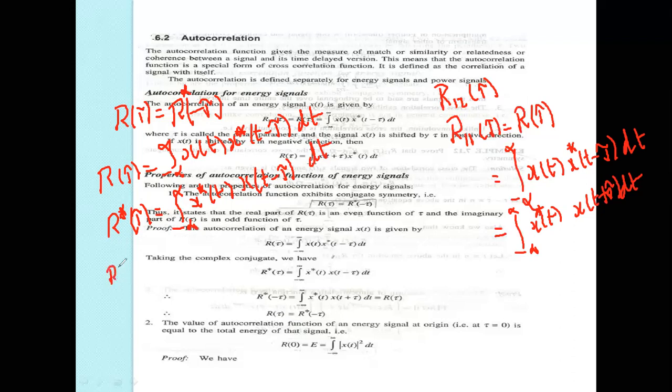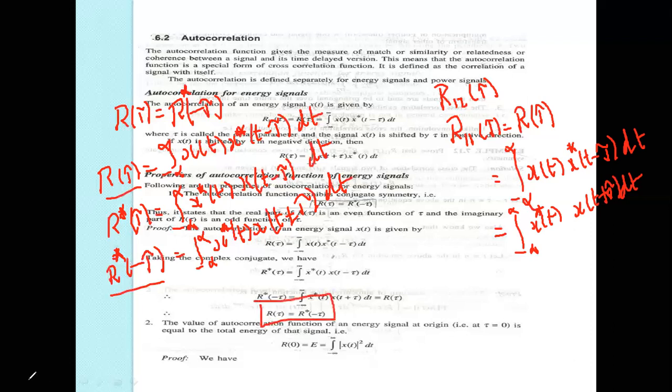Now change the value: R conjugate of minus tau is equal to the integral from minus infinity to infinity of x conjugate of t, x of t minus of minus tau, which becomes plus tau, dt. Now both are equal. R of tau is equal to R conjugate of minus tau. This is the first property of the autocorrelation function for energy signals.